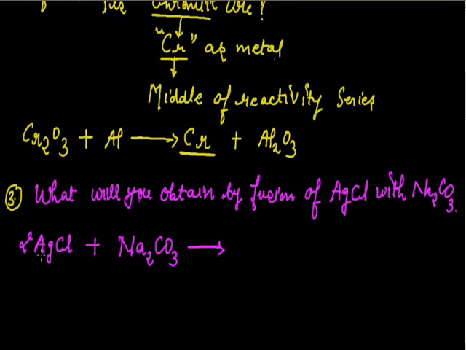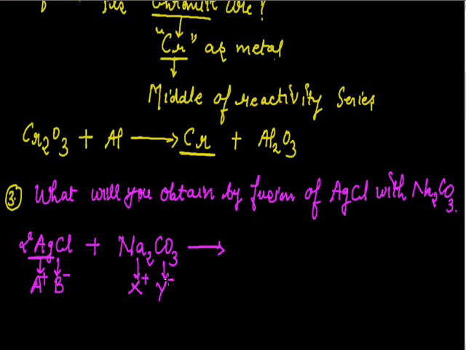It will be a double decomposition reaction, as here Ag will be represented as A, Cl as B, Na as X, and CO3 as Y. So, one is a positive radical and the other a negative radical.